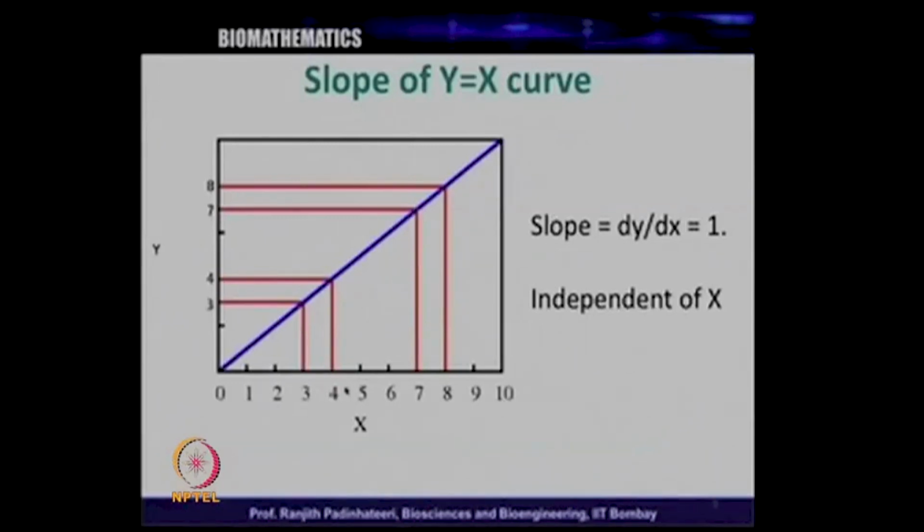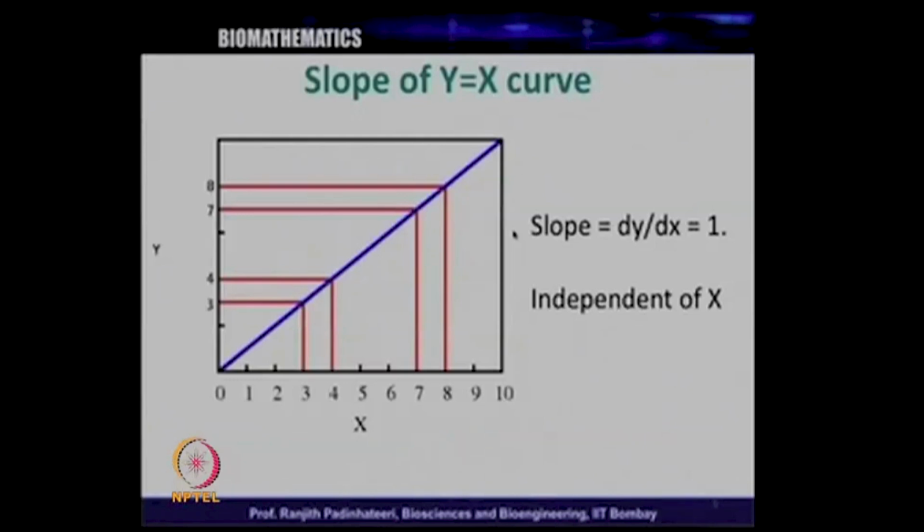If you take this dx between 3 and 4 or some other point, 7 and 8, you will always get slope equal to 1. That means where you take along the x axis does not matter when you find the slope of a y equal to x curve, or a straight line. It is always a constant. This is a property only for a straight line. You can see this by trying it yourself.